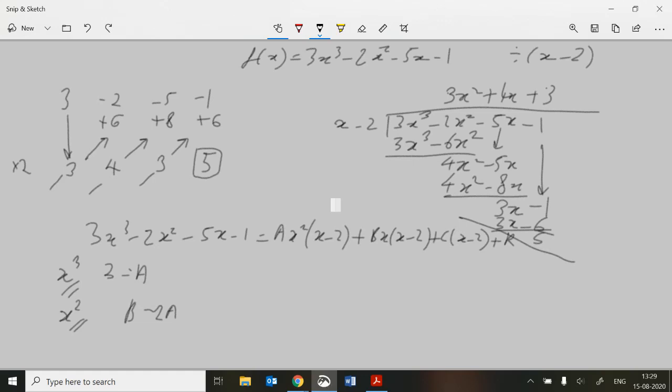And they're the only two ways of getting out an x squared. Now that's equal to minus 2. So we can try and solve that by putting in the 3. So we've got the minus 6 there, and minus 2, and there's b. And so b needs to be equal to minus 2 plus 6, which gives us 4.